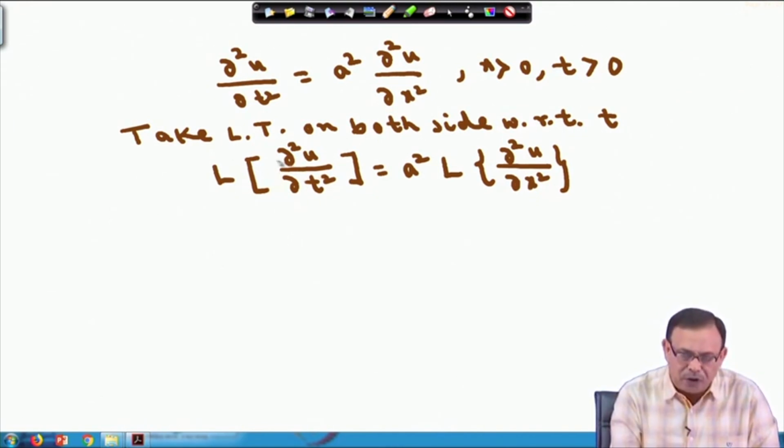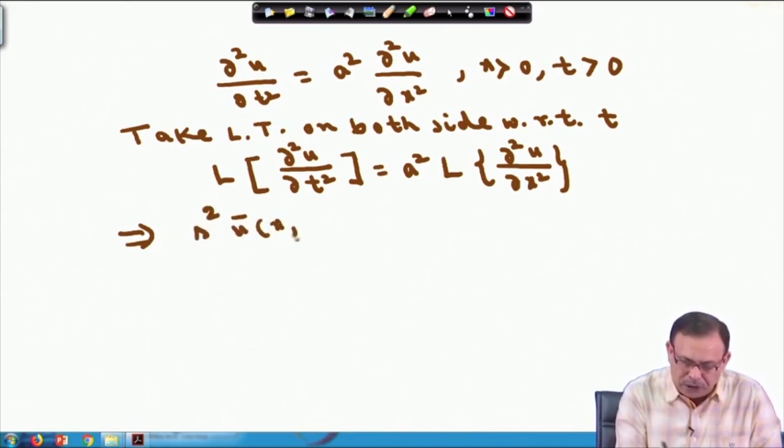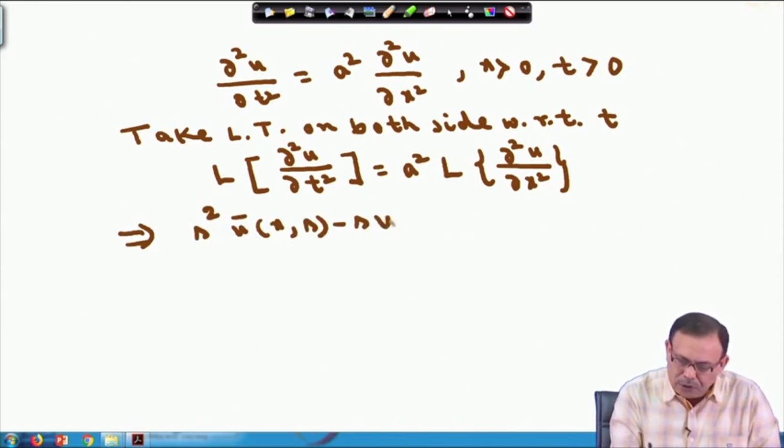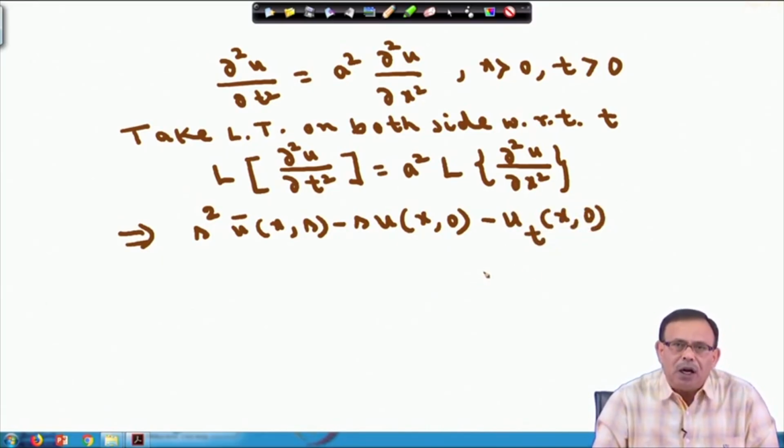Therefore, I have to use the formula: the Laplace transform of ∂²u/∂t² will be equal to s² ū(x,s) − s u(x,0) − u_t(x,0). This we have already done in the last lecture: the Laplace transform of ∂²u/∂t² is equal to s² ū(x,s) − s u(x,0) − u_t(x,0).